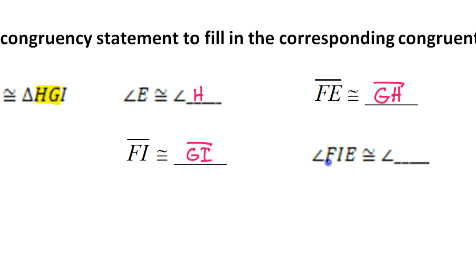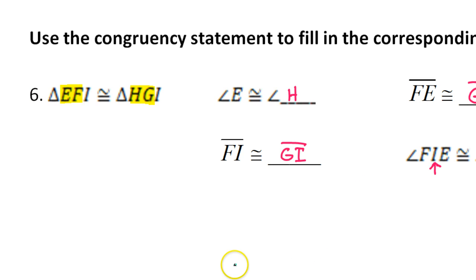Okay, how about angle FIE? Okay, the main thing is the I. Okay, when you do a three-letter name for an angle, the middle letter is the vertex. So focus on the I. Well, in both cases, the I is last.